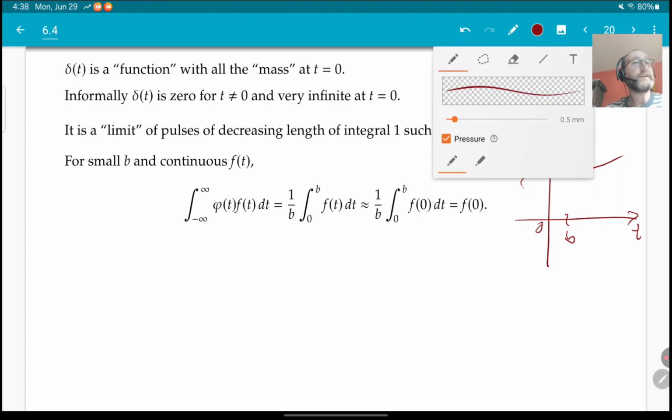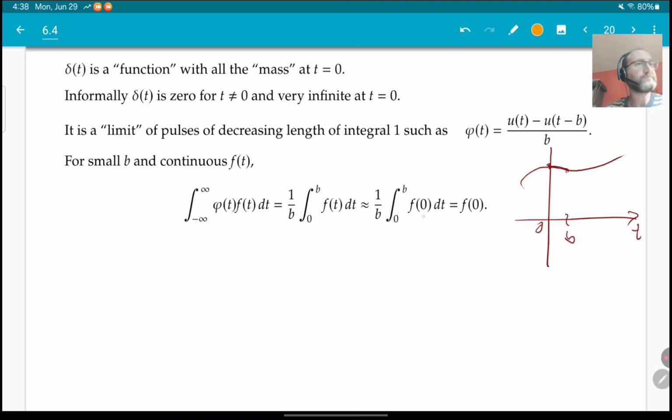So also its integral is going to be, well, not equal, but close to the integral of just the constant, whatever f is at 0. And if you take this integral, it's just an integral of a constant. That's just f at 0.